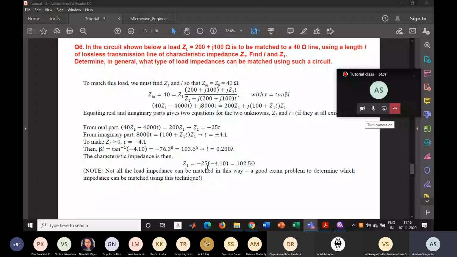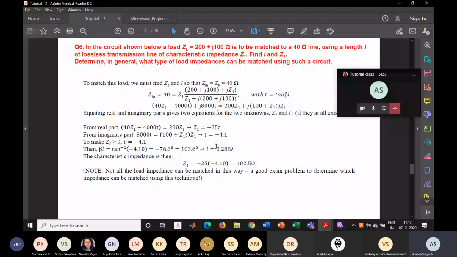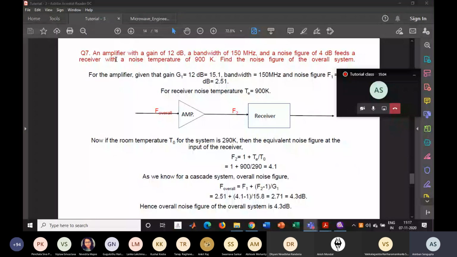Now moving towards the seventh question. This question and the upcoming question are related to amplifiers and nonlinear properties, that is, noise figure and other things. The first question is about an amplifier.